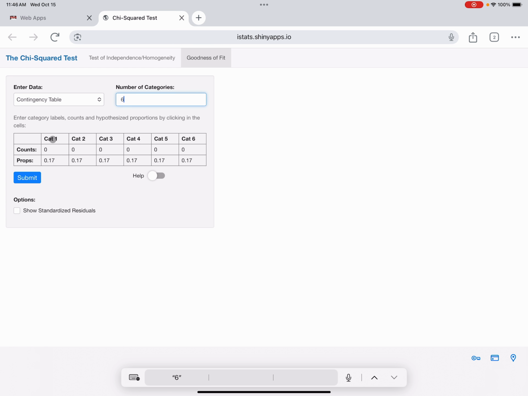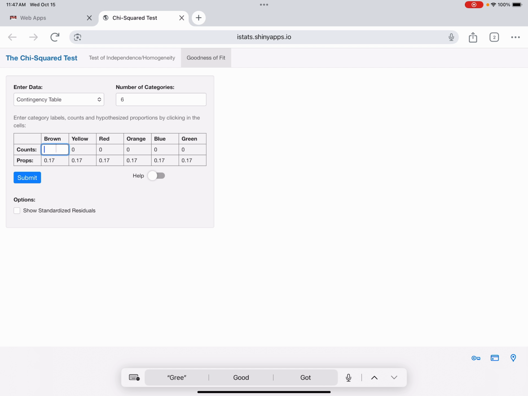And if you want, you can change the names of the colors, although it's not totally necessary, but maybe I will. Brown. Okay, so you can change the colors. And then obviously you're going to put the observed counts where it says counts, and you're going to put the proportions from the null hypothesis in the proportions row.